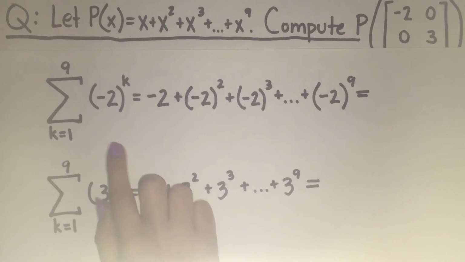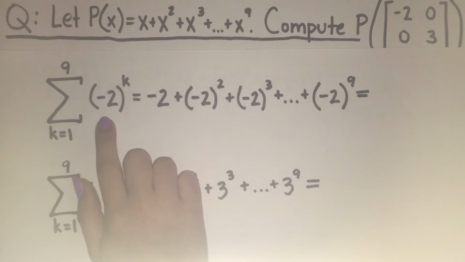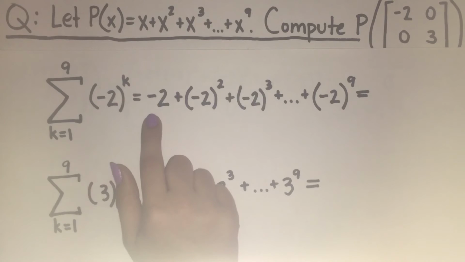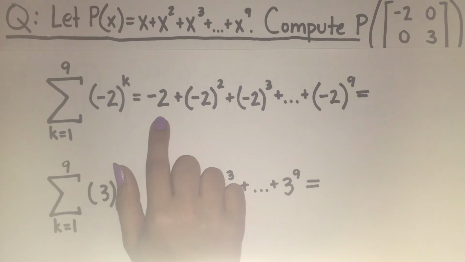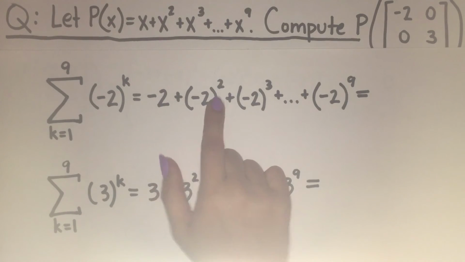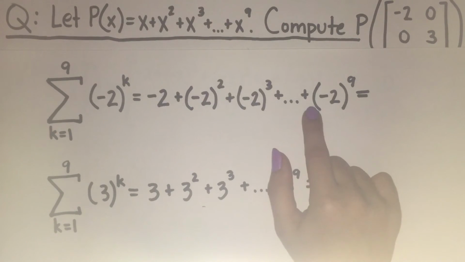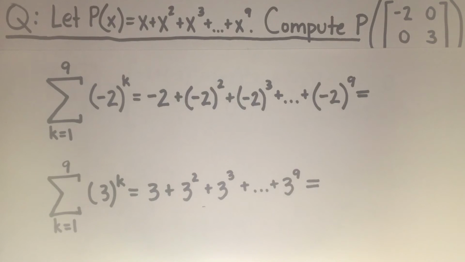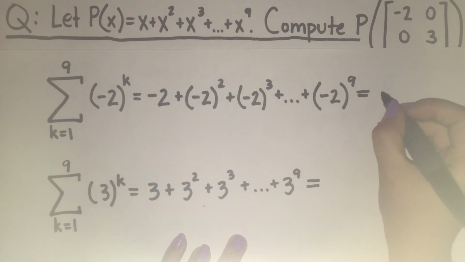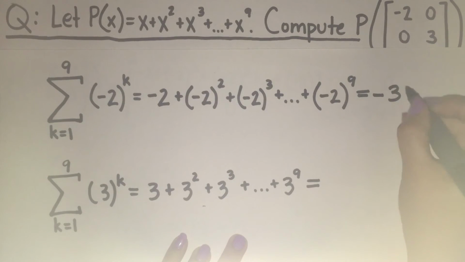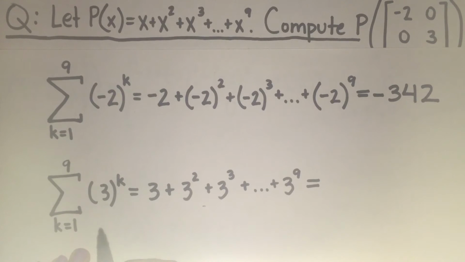We're solving for our first entry in the first row, negative 2 to the k, which equals what we currently have, negative 2 plus negative 2 to the second power plus negative 2 to the third power plus ... plus negative 2 to the 9th power. According to my calculations, this equals negative 342.